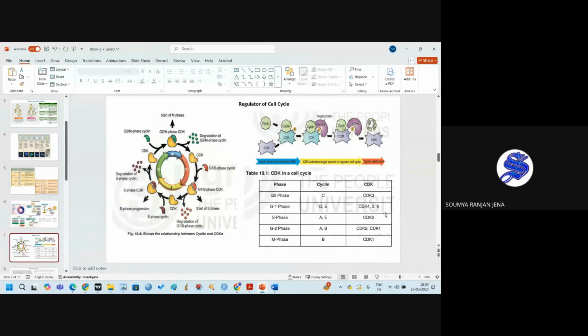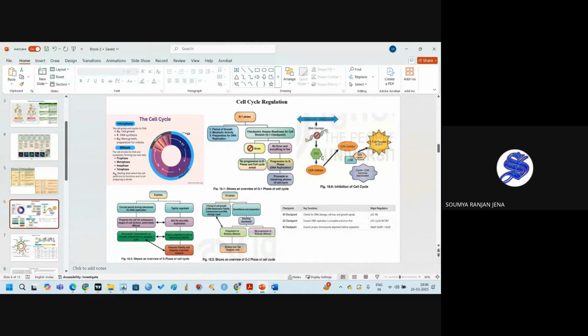In G1, cyclin D and E bind to CDK4 and 6, then this cycle is activated and continues to the G1 to S phase transition. If the CDK and cyclin binding does not occur properly, then this process is inhibited, as we discussed here.